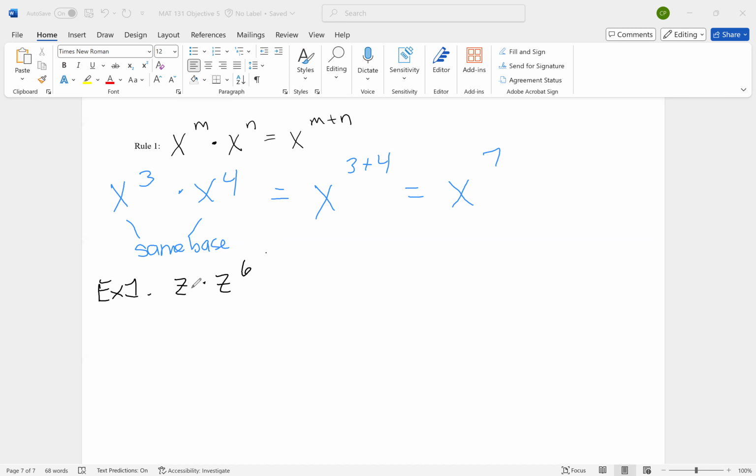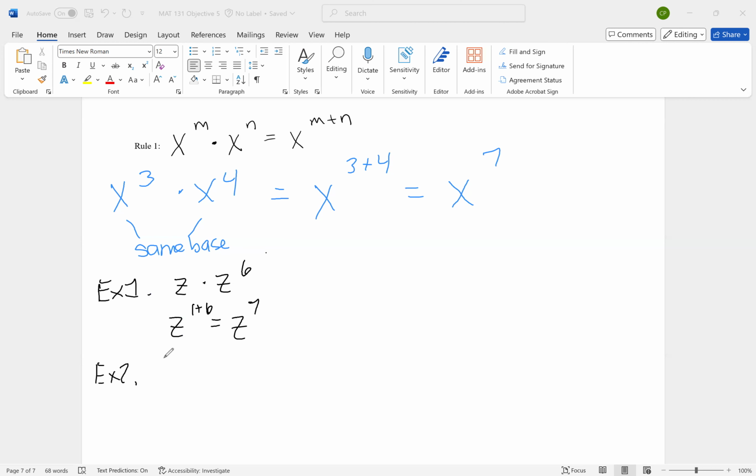So whenever we have the variable by itself, we know that it's to the 1. So what we are really looking at is z to the 1 plus 6, which is going to be z to the 7, okay?